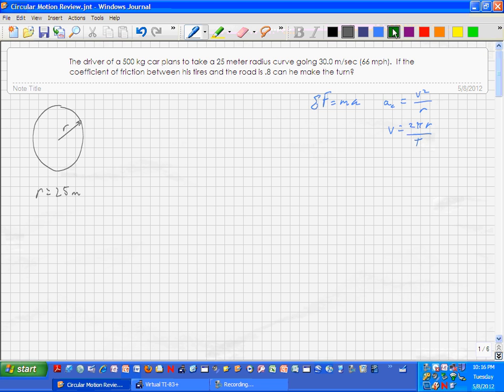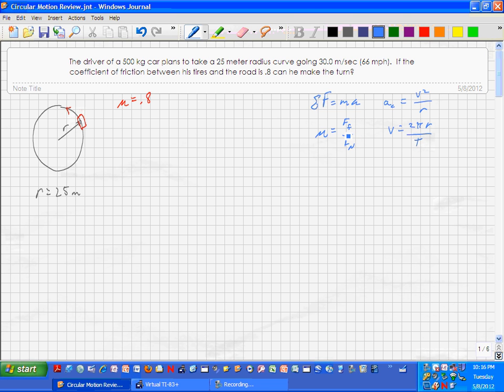And here's our car out here, heading around the circle in this direction. And we know the coefficient of friction is 0.8. Keep in mind, coefficient of friction, which we will probably need, is force of friction over force of normal.